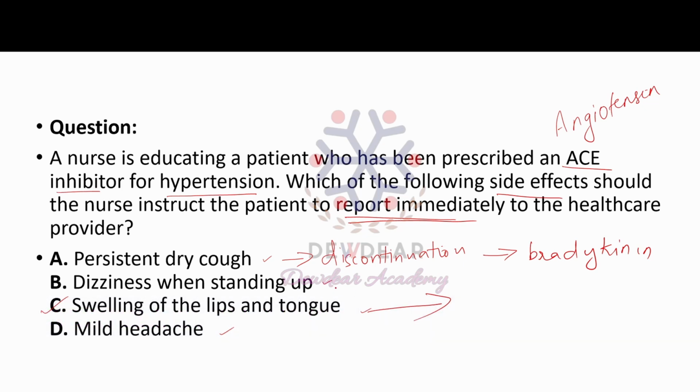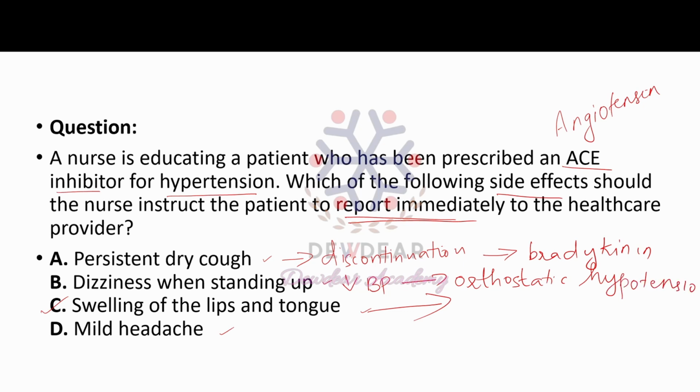Dizziness when standing up we can call orthostatic hypotension. That is also a side effect associated with this drug, but it can be managed with patient education and position changes.